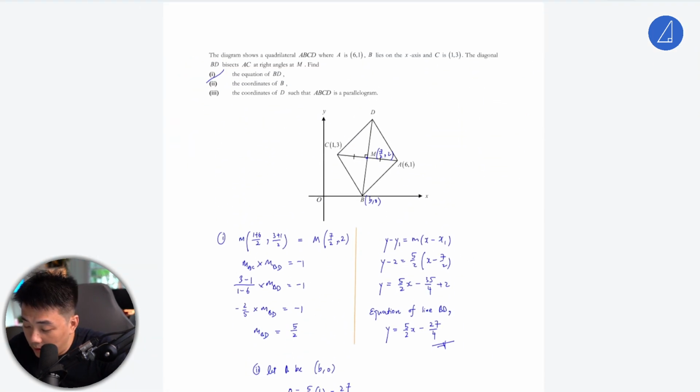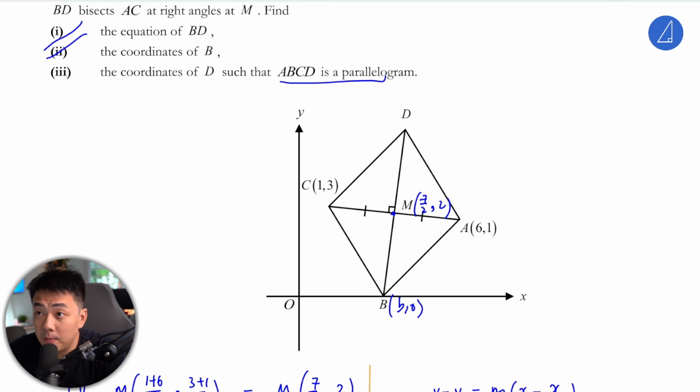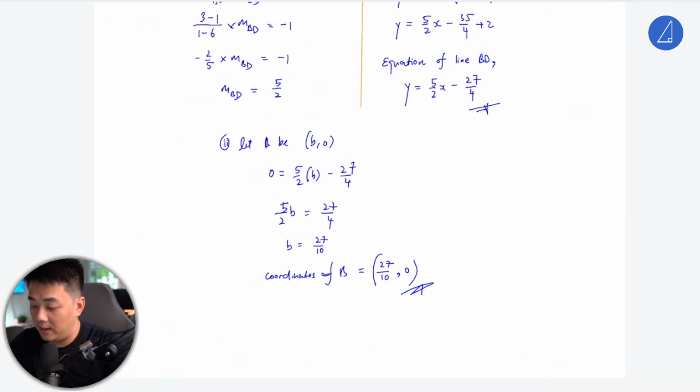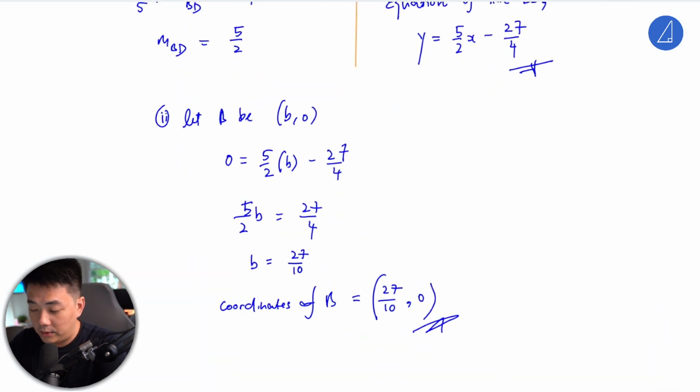Now the coordinates of D. If ABCD is a parallelogram, we know that the diagonals bisect each other. In other words, the midpoint of BD is M also. So we just let the coordinates of D be (XD, YD). Because the diagonals bisect each other, we just use the midpoint theorem.